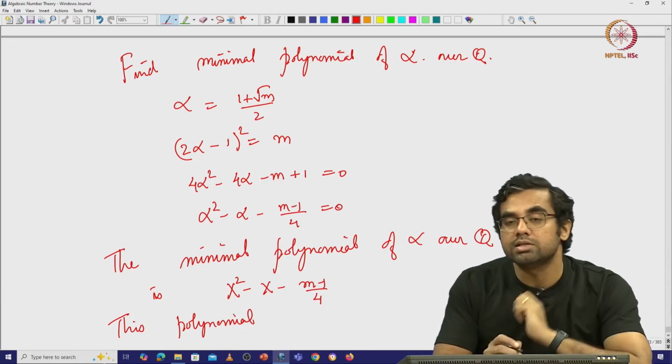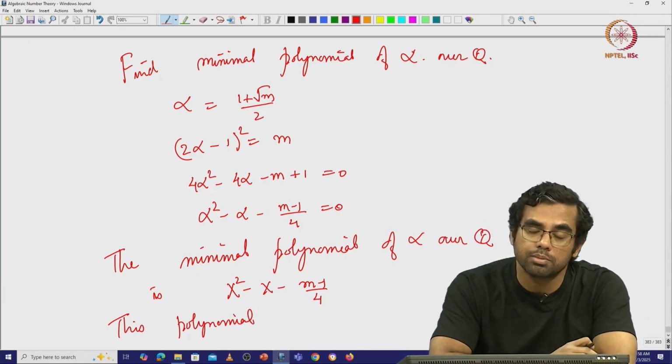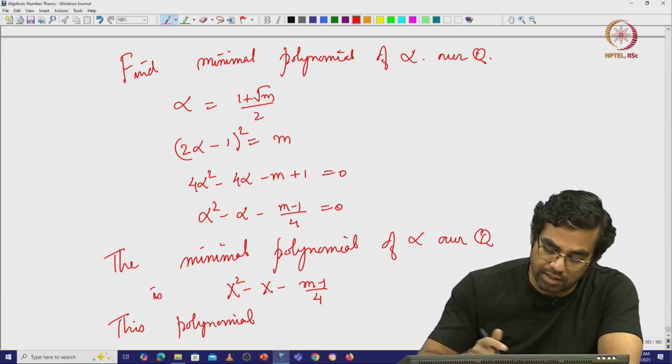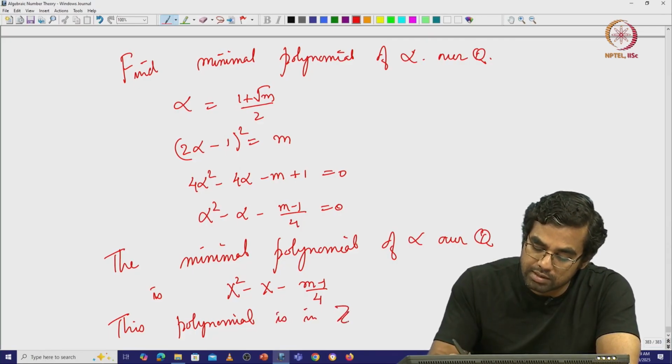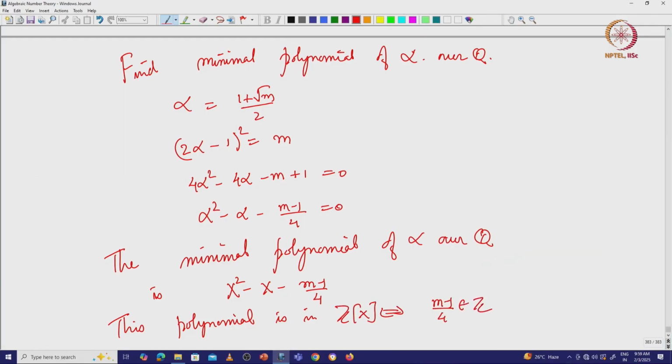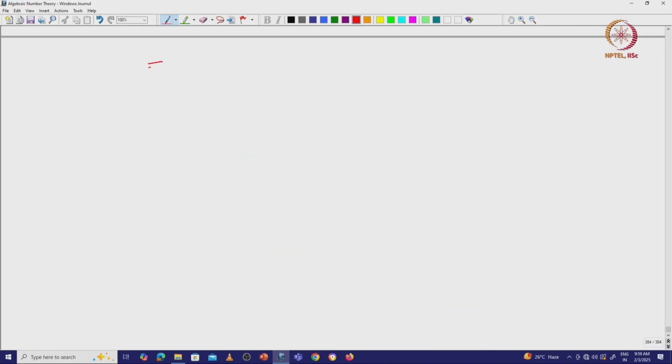So, again this is a result that we proved, that the minimal polynomial of an algebraic integer has to be in Z[x]. But so, this polynomial is in Z[x] if and only if (m minus 1) by 4 is in Z, right, which is if and only if m is congruent to 1 mod 4.